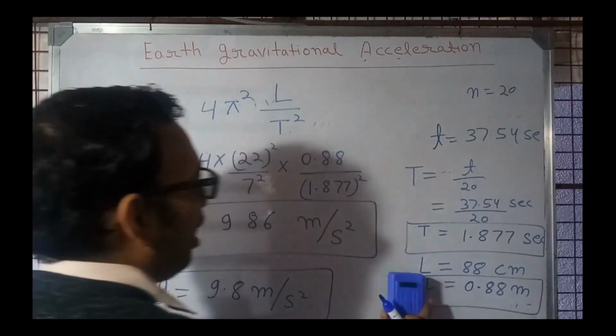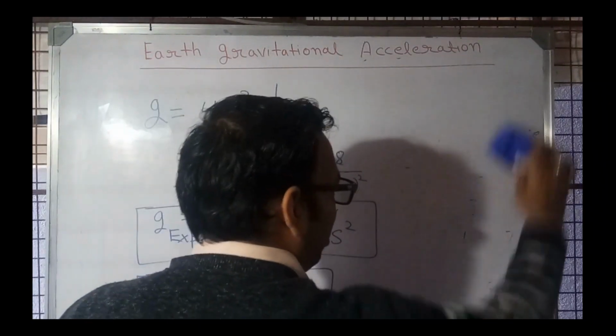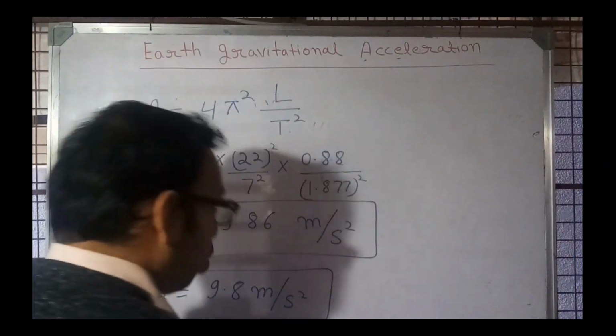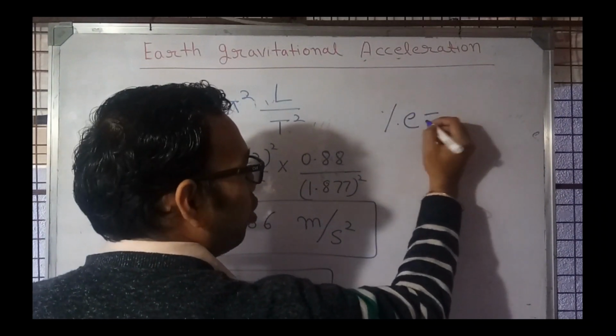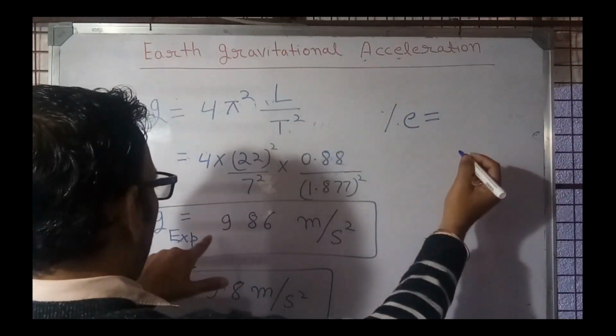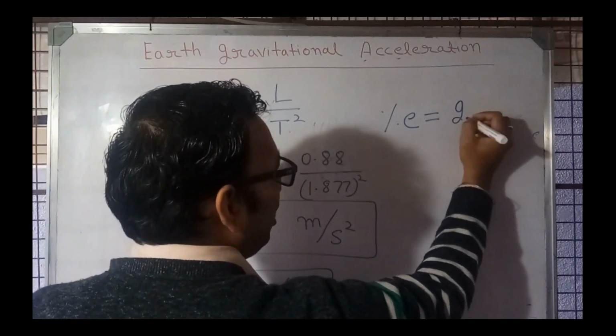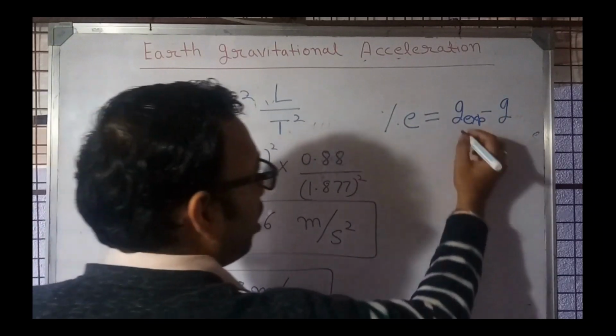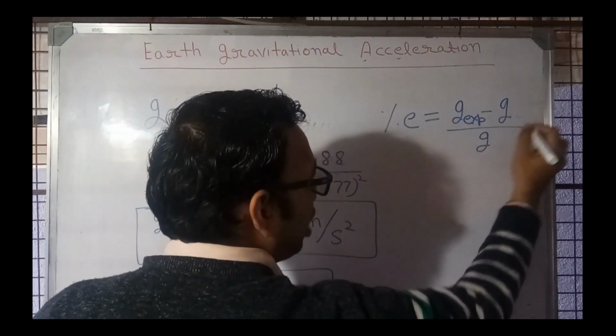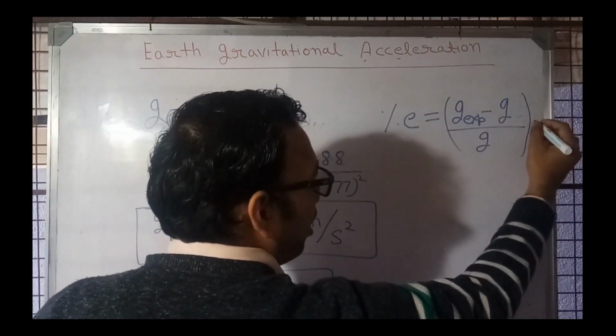Percentage error is equal to g experiment minus g actual, divided by g actual, multiplied by 100.